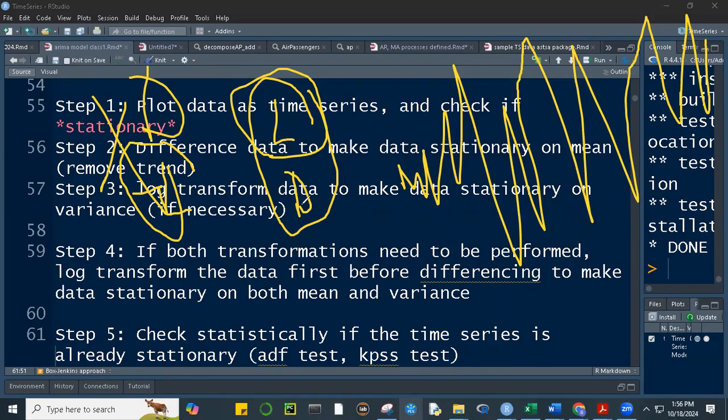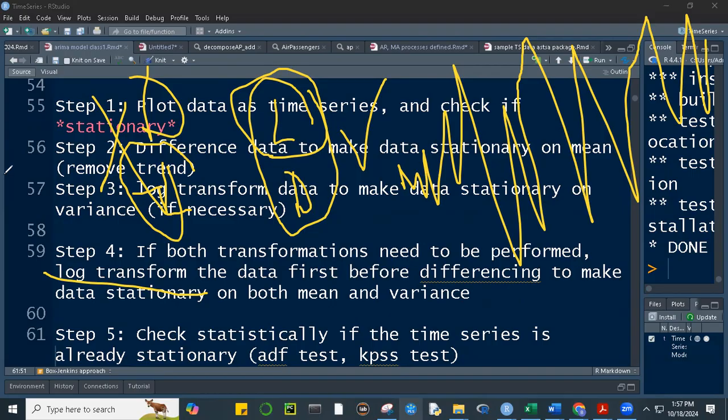The other option is to get the log and then get the difference. This is okay, class, because getting the log and then getting the difference will not have any problem. So as I said here, if both transformations are to be performed, then get the log transform first, and then get the differencing.